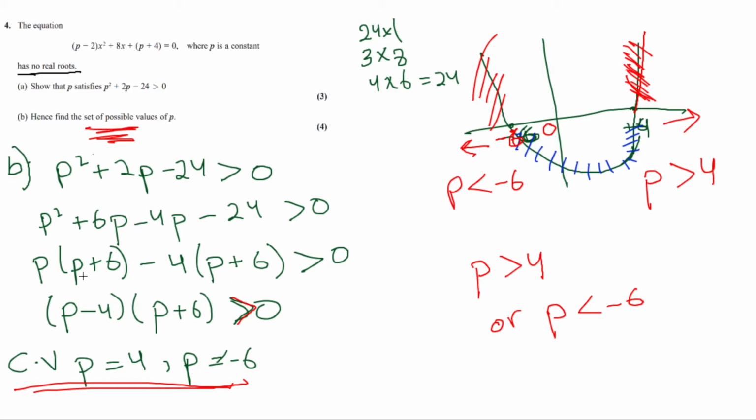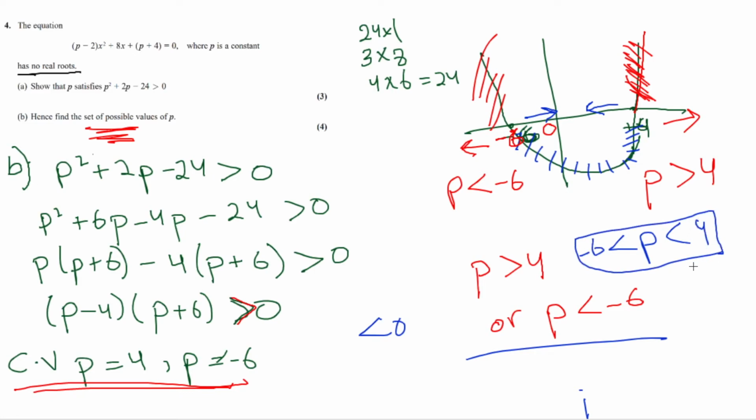If, for example, the question had asked that this expression is less than 0, then I would look at the blue part, and the answer would be p greater than negative 6, going to the right from here, and p less than 4. So p would be between negative 6 and 4. That would be the range of values of p.